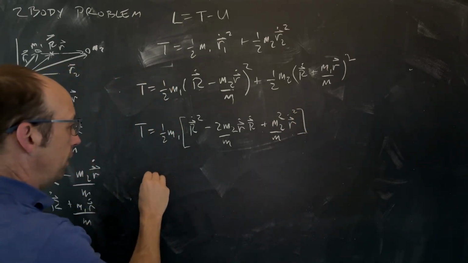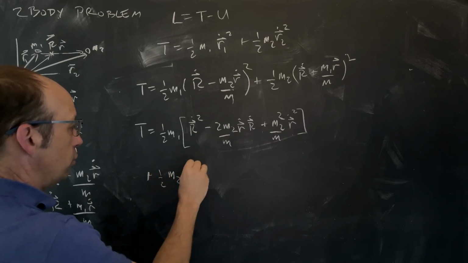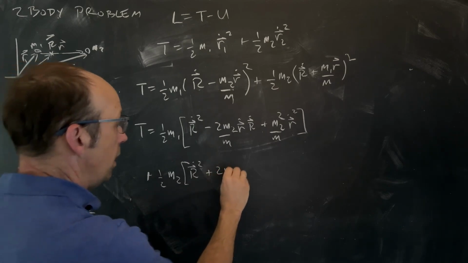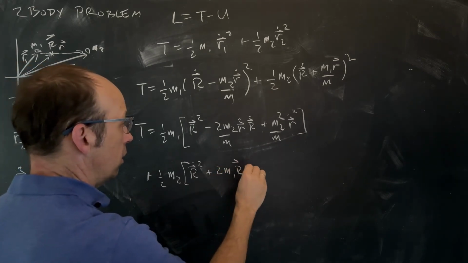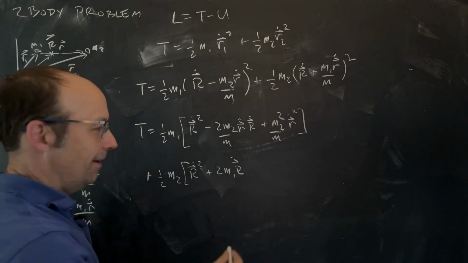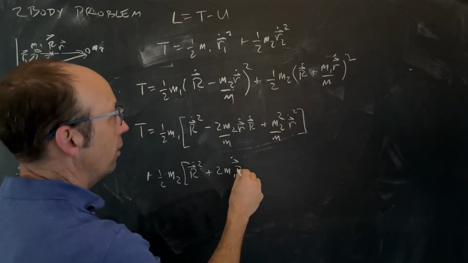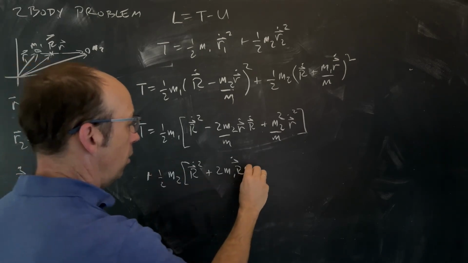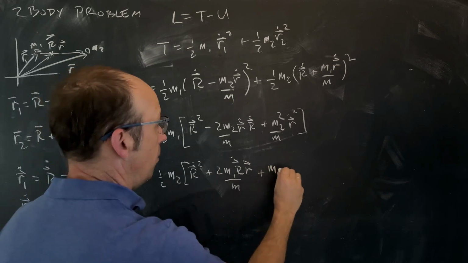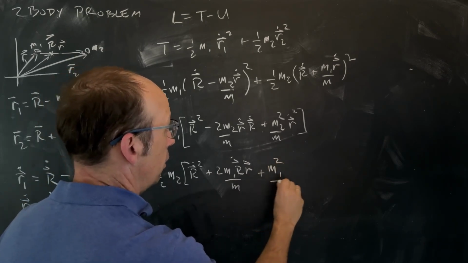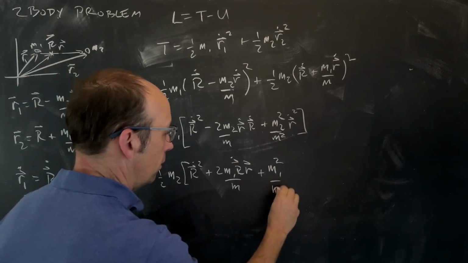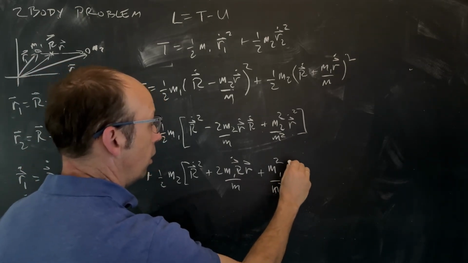Now I'm going to put the second term down here, plus 1/2 m2, and I get R dot squared, plus 2 m1 over m R dot times r dot, plus m1 squared over m squared r dot squared.